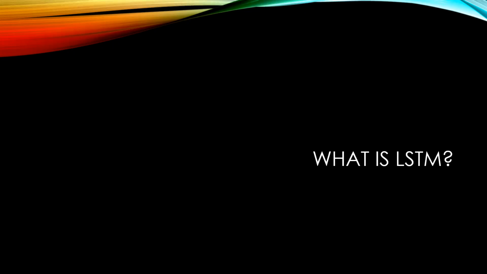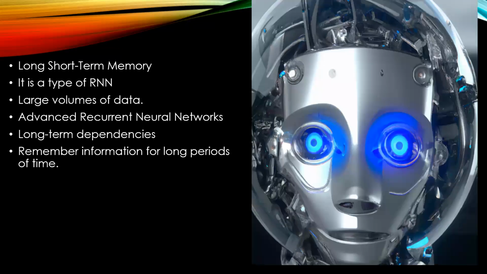Let's begin by asking a simple question. What exactly is LSTM? What do we mean by LSTM? LSTM stands for long short-term memory. I repeat, LSTM stands for long short-term memory. It's a type of RNN.